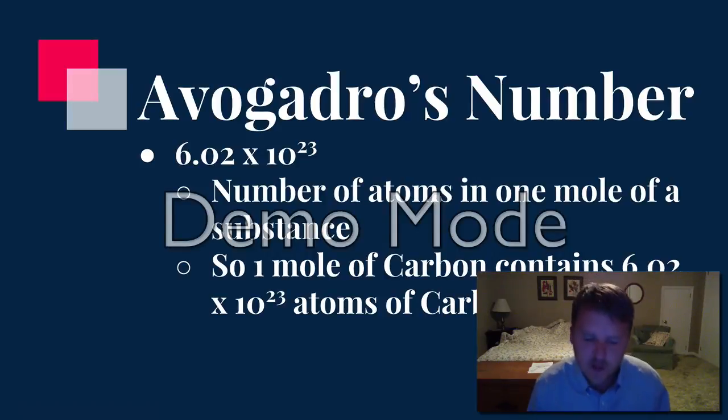And this also applies to every substance. So 1 mole of anything, 1 mole of eggs contains 6.02 times 10 to the 23rd eggs.